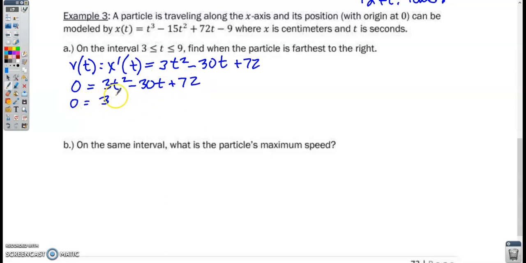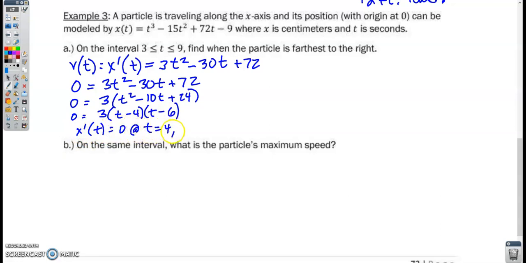I can factor a 3 out of here. That's t squared minus 10t plus 24. And so we end up with 0 equals 3 times t minus 4 times t minus 6. So x prime of t equals 0 at t equals 4 and t equals 6.